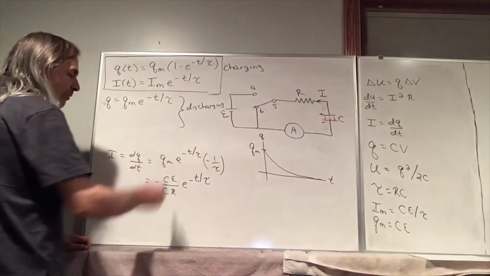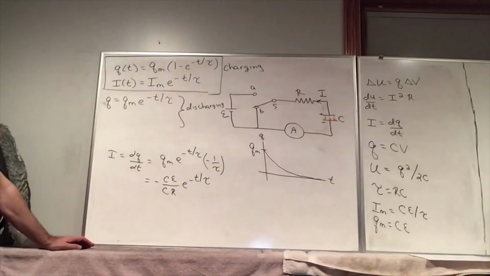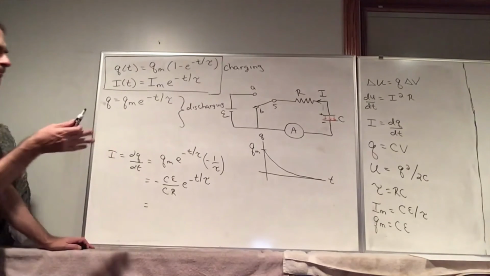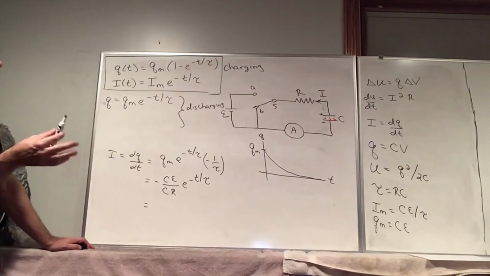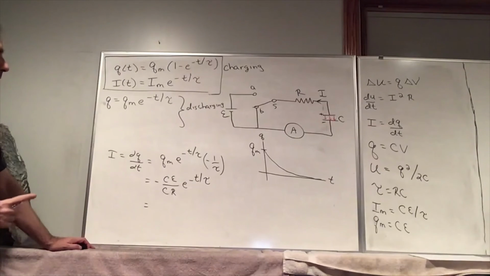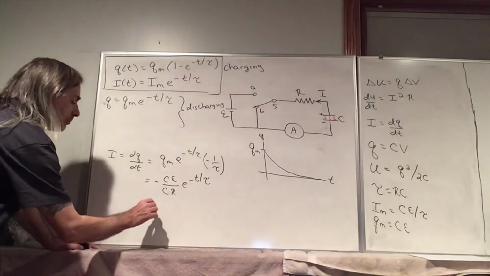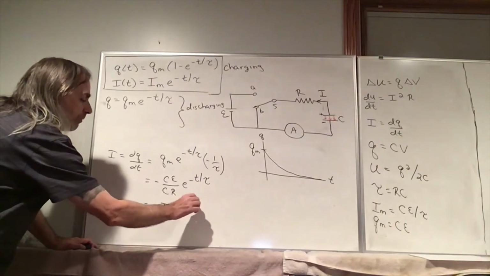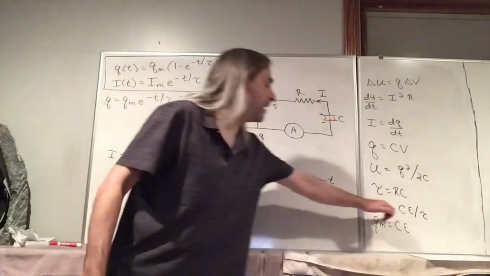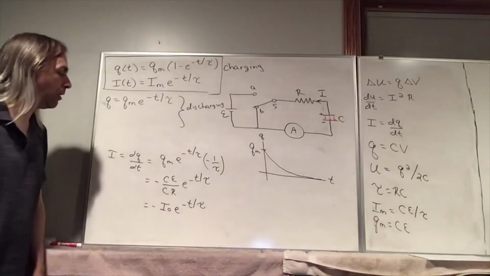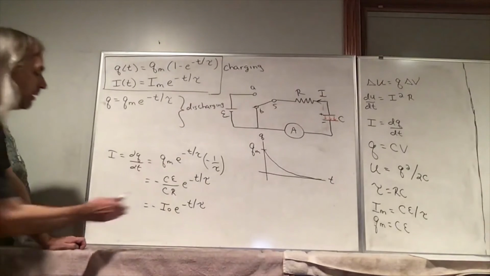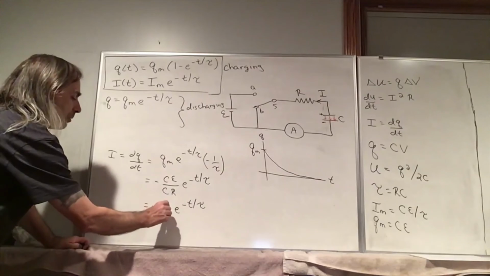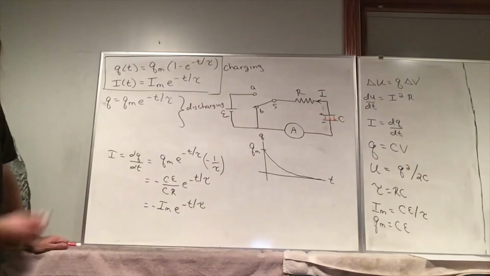And epsilon over R, let's call that I naught, because that's what we get at t equals 0. We called I max C epsilon over tau. Actually, yeah, that's the same thing.